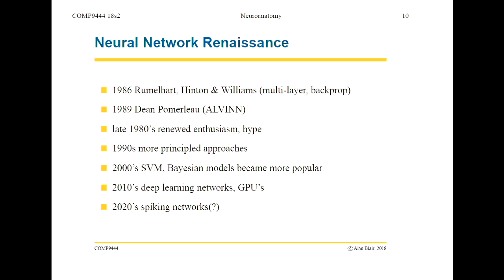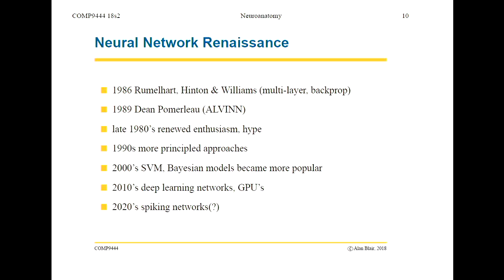But then when you get into the 2010s, neural networks came back into popularity largely because of the success on tasks like image classification and more recently language processing and Go and so on.